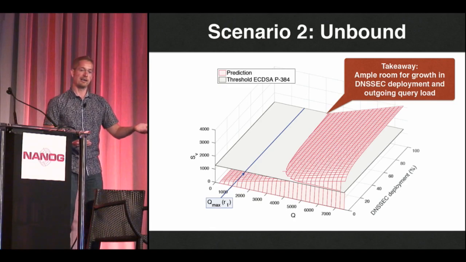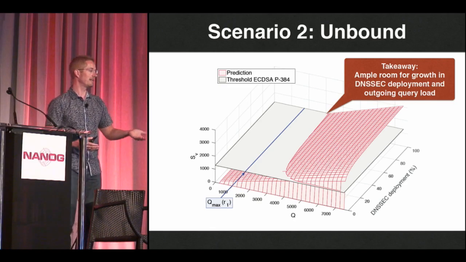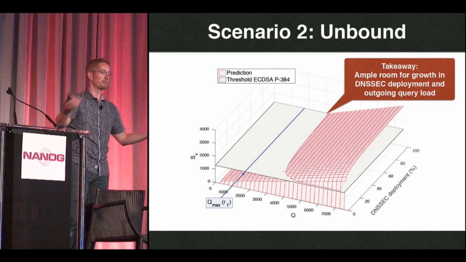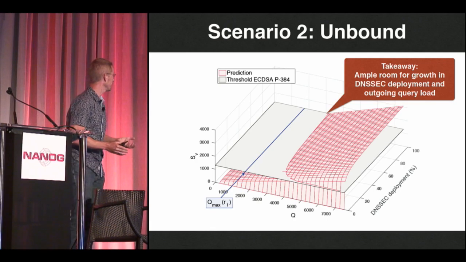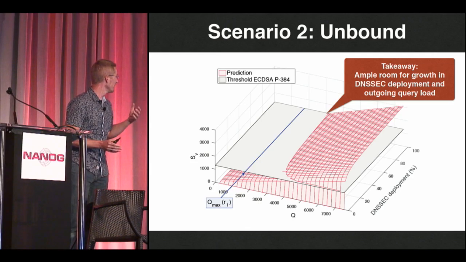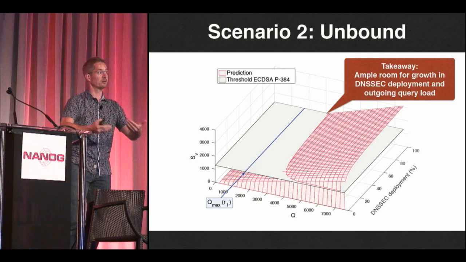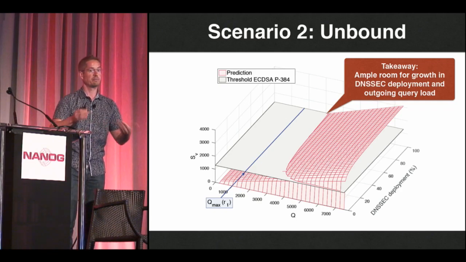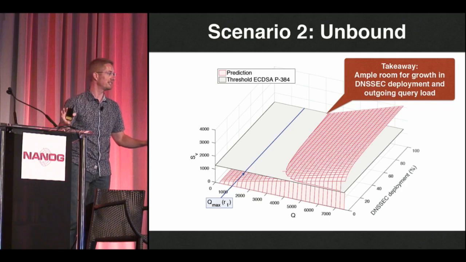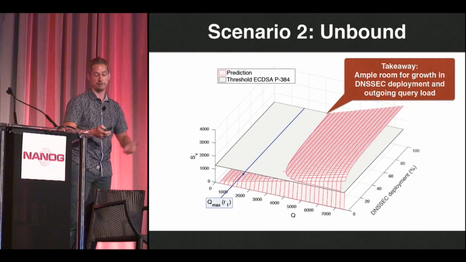But then if you look at how many signatures we would need to validate, you see that if DNSSEC deployment grew to 100%, based on the real-world measurement data that we have, we would still be able to validate all those signatures on a single CPU core. So that means it's not an issue. We can deploy ECC overnight and it wouldn't kill our resolver, which is a great result.